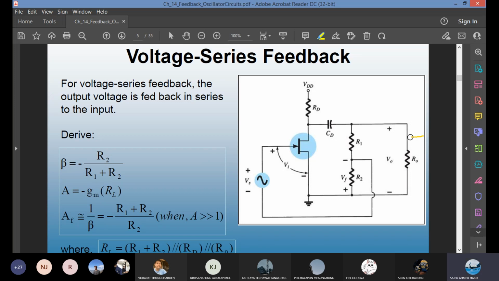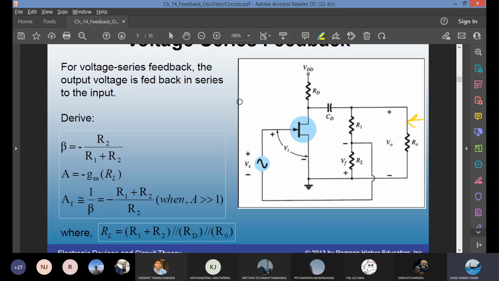So RL you can find by looking from the output side: ro parallel RD parallel R1 plus R2. The gain with feedback is actually A divided by 1 plus beta A. That is the safe formula to use.